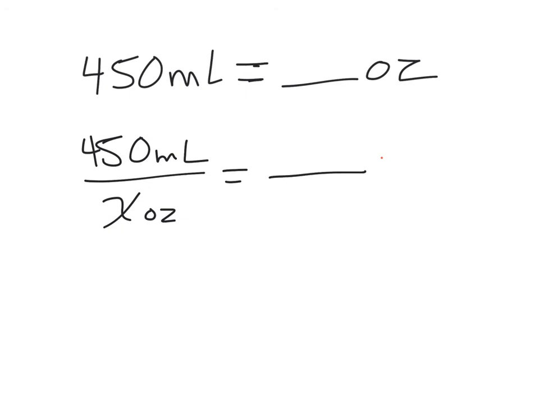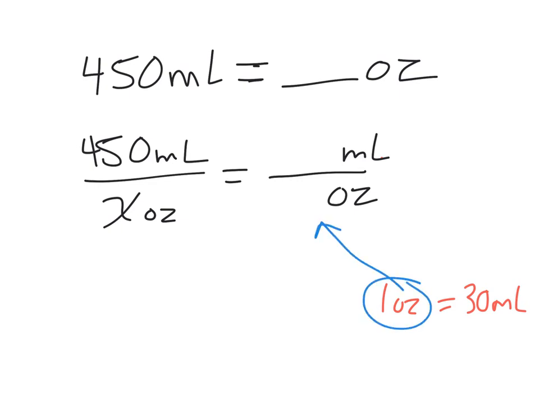When I put that known on the other side, this time I have milliliters on top and ounces on the bottom. So when I go to fill that in, I want to make sure I do that correctly. I remember on my chart it shows me that 1 ounce is equal to 30 milliliters. Because I need ounces on the bottom, my 1 ounce goes on the bottom, and my 30 milliliters goes on the top.